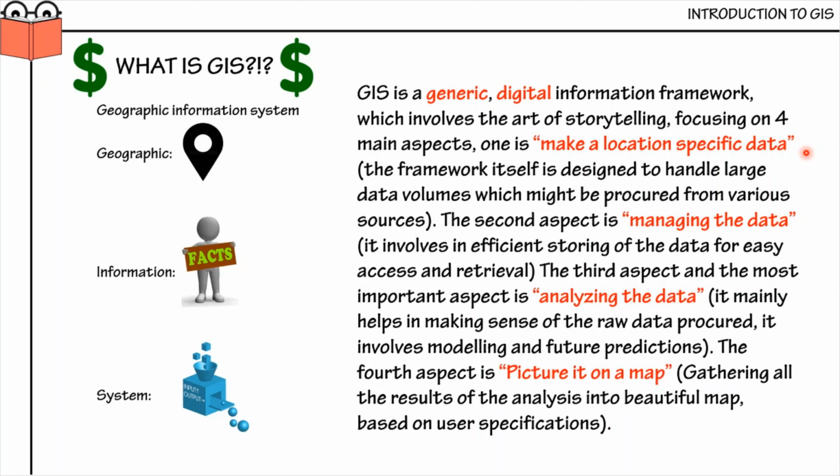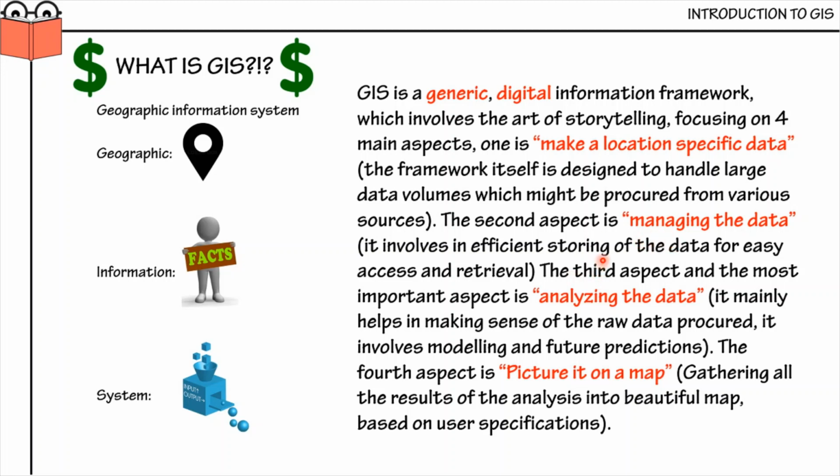So after you've procured various formats from various sources, it becomes very important for you to manage the data, putting it all on one platform so that it becomes very easy for you to access it and store it for your further analysis purpose. Once you collect the data, that becomes the most important aspect.